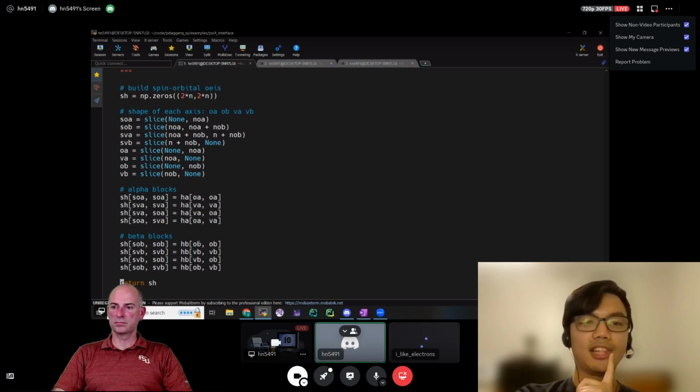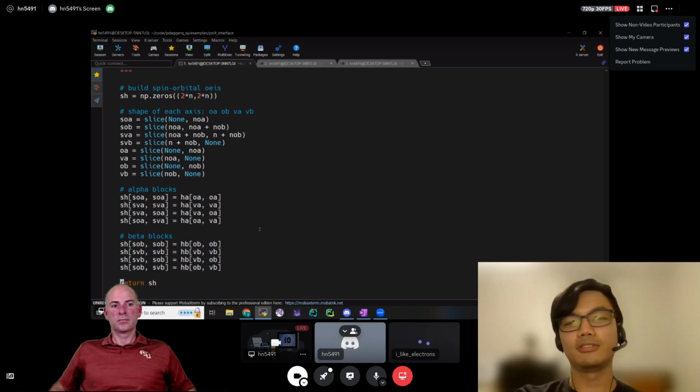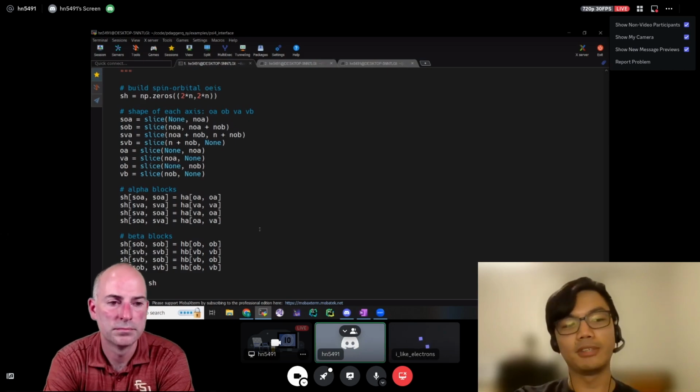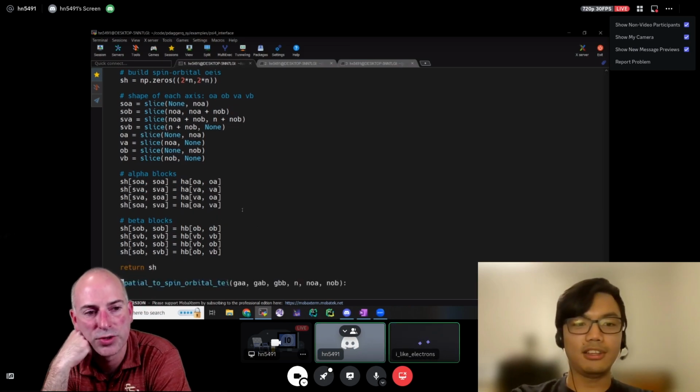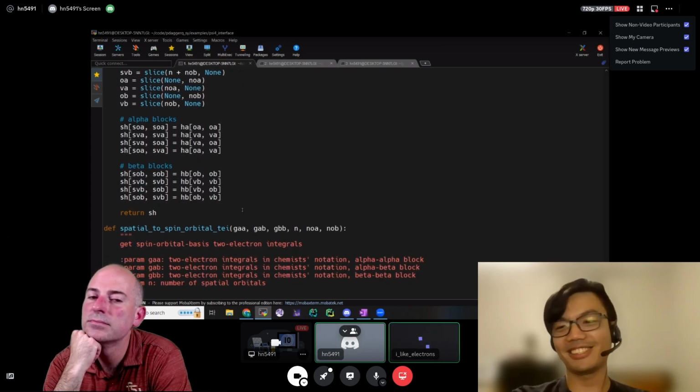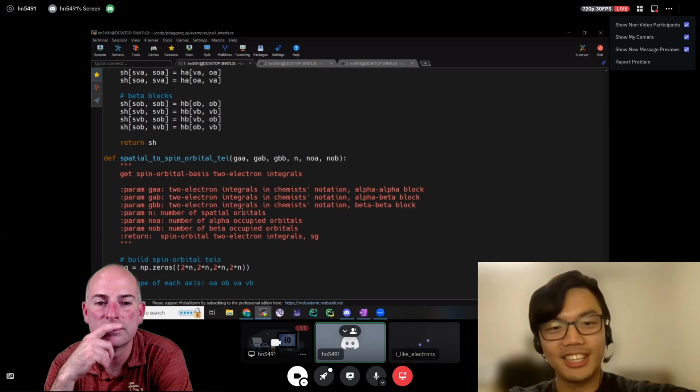And as we said before, I will not be populating cross terms that have alpha and beta, different spin, in the slices, right? So those blocks will stay 0, because I'm not going to worry about relativistic effects. Not yet. That's the next step. At least not here. I do in the work that I'm actually doing.